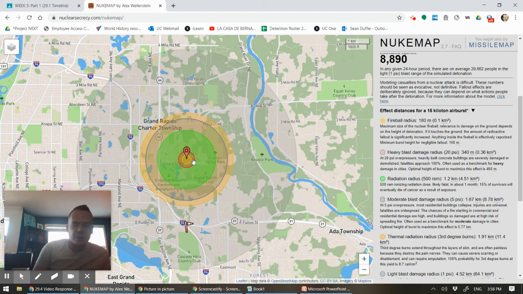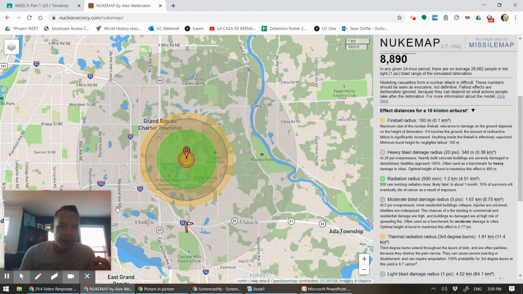So within the green circle, you're going to see people who, if you survive the destruction of whatever building you are in or getting blown off of your feet, if you're outside, you also are going to be exposed to high levels of radiation. Outside of that, in the moderate blast damage radius, some buildings will survive. But again, there's still the threat of fire, there's still the threat of heat, and there's still the threat of radiation.